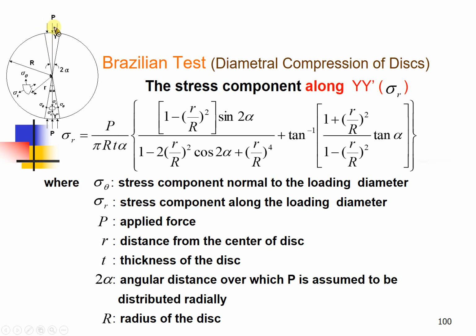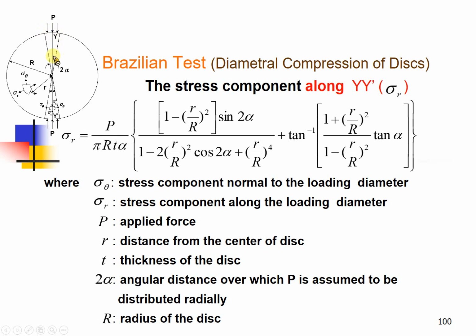It will be extremely difficult to really apply the line load. Did you understand the line load? Using this as an example, you need to really have a concentrated loading location where the thickness approaches 0. That will be extremely difficult. So usually the load applied here and here will cover a certain angle.